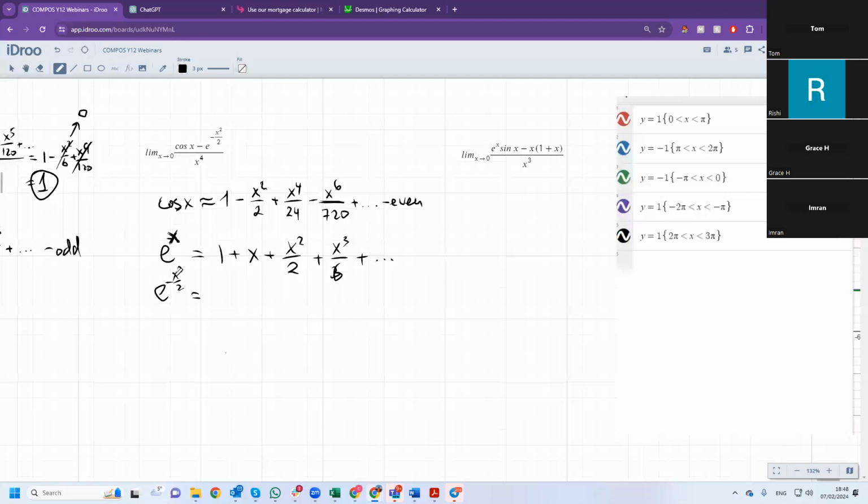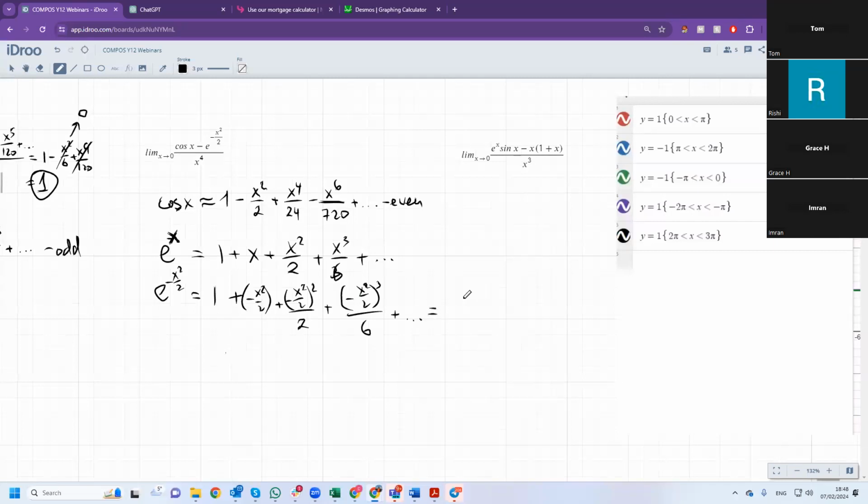So we can substitute 1 plus minus x squared over 2 plus minus x squared over 2 squared divided by 2 plus minus x squared over 2 cubed divided by 6, etc.